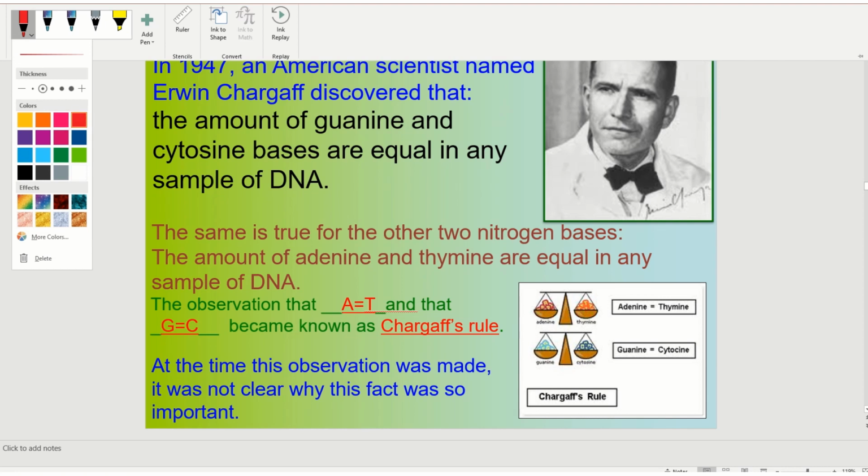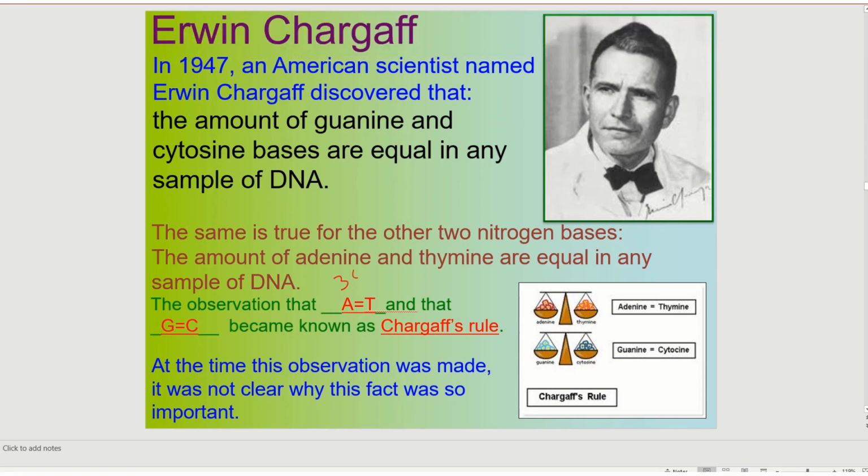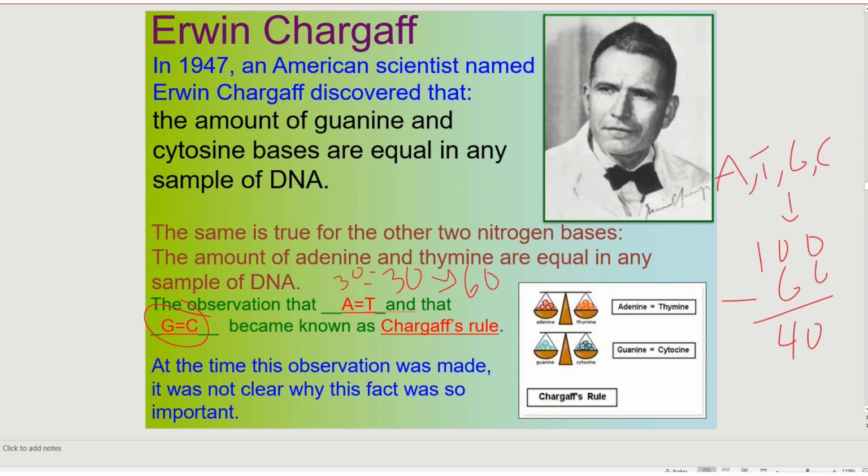Now, if A goes with T, and I have 30 A's, how many T's do I have? Well, it should also equal 30, right? And 30 plus 30 is 60. So if A, T, G, and C equaled 100, I'm going to subtract 60 from that, and that leaves me 40 of G and C. But how many G and how many C?